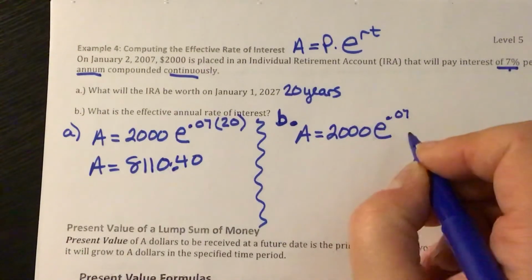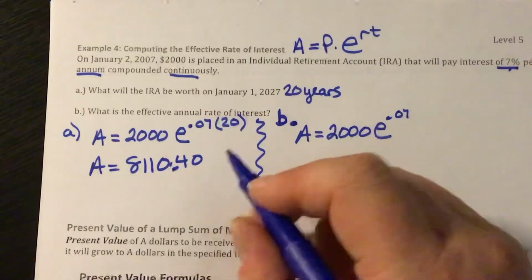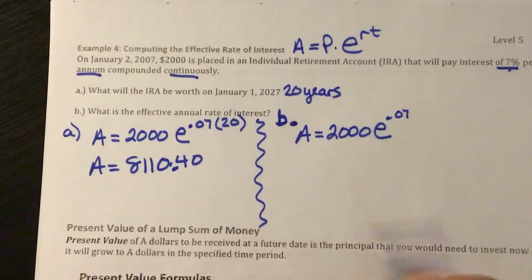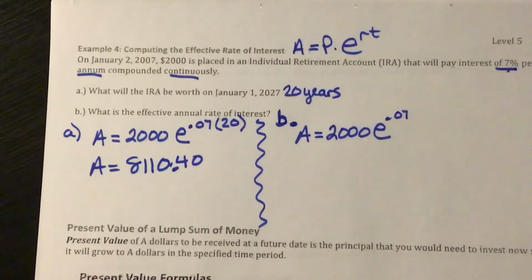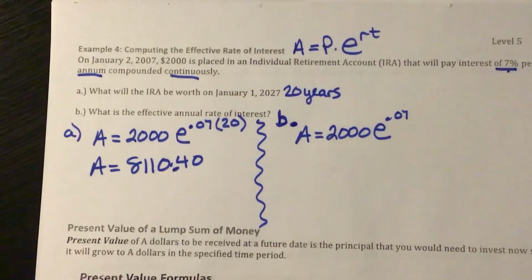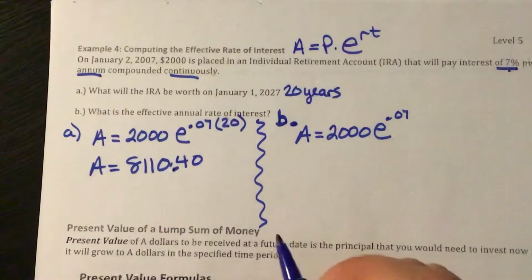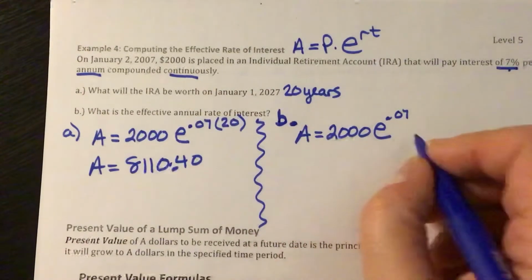And I just want to do this for 1 year, the annual rate of interest. So for 1 year, I'm going to just leave this. So I'm going to multiply 2,000 times E to the 0.07. And I get 2145.17.